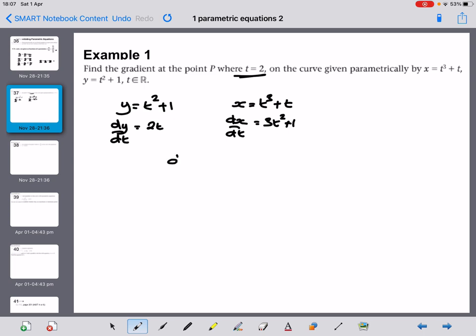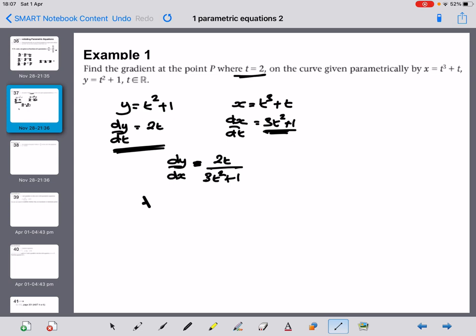So then we can get dy by dx. dy by dx is just this one, which is 2t, divided by this one, which is 3t squared plus 1. So we've got our gradient function in terms of the parameter t. If you need to work out a gradient at a point given parametrically, you need the value of the parameter.